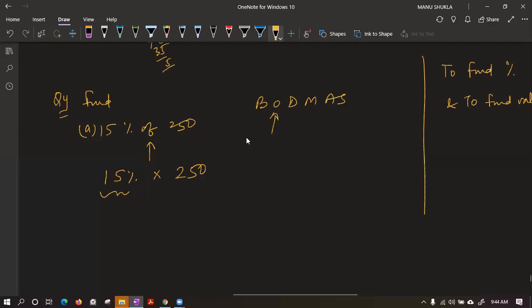Now let's see this question. We have to find 15% of 250. So 15% means 15 upon 100. So we are trying to find the value now. Percentage is given to us. We will find the value into 250. And when you solve this, what will you get? 0, 0 cancel.